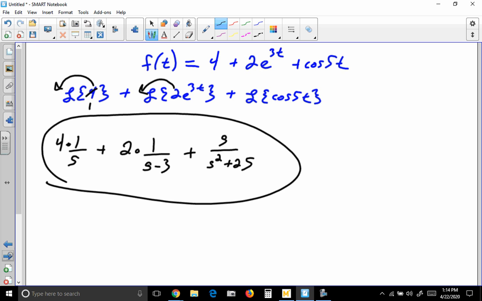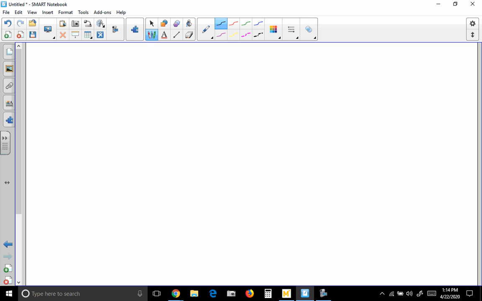The rest of this section is just mentioning existence, when this works, when it doesn't. So there's a definition of being piecewise continuous, piecewise continuity.